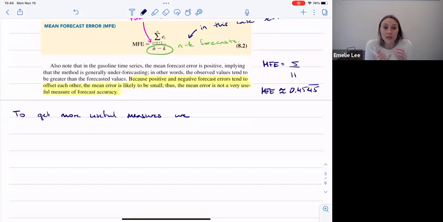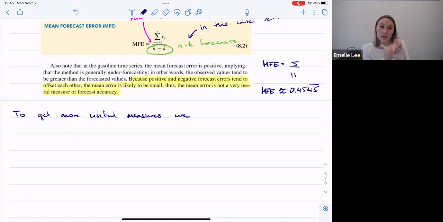We can consider taking the absolute value of the errors. That's one way to make them all positive. You could make them all negative, but we never go that route because that's harder. Instead, we'll take the absolute value, which applies a negative to a negative value, and then it becomes positive.